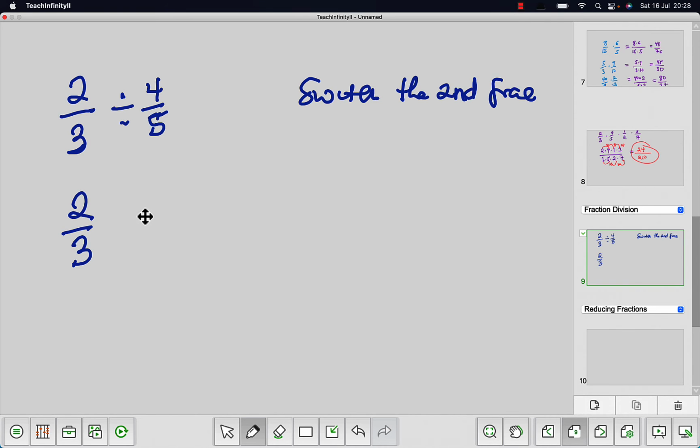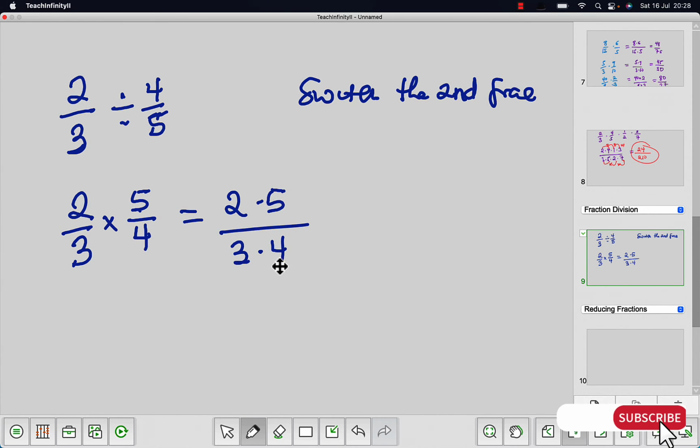Now my second fraction is 4 over 5, but I'm going to switch that as 5 over 4, and this becomes a multiplication. And what do you do when you want to multiply? Multiply the numerators, which is 2 times 5, and multiply the denominators, which is 3 times 4, and this gives you 10 over 12.